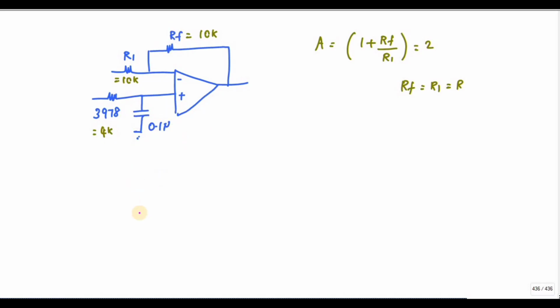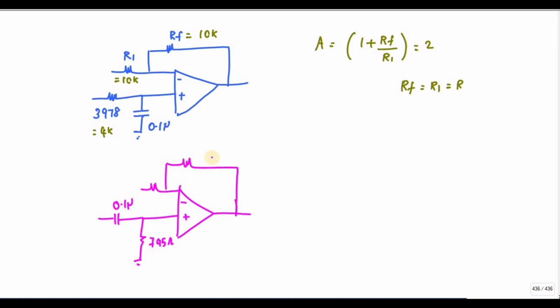Next I need to design a high pass filter. This is 795 ohm, and this is also given to a non-inverting amplifier. This is the high pass filter, and they have given the FL value.